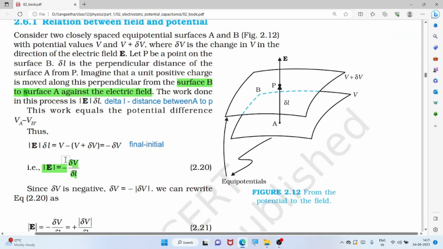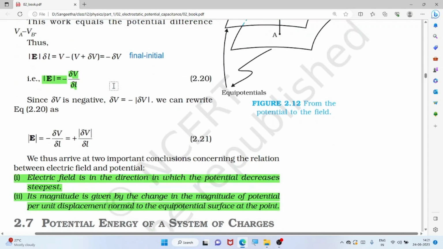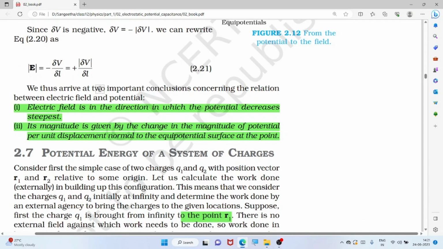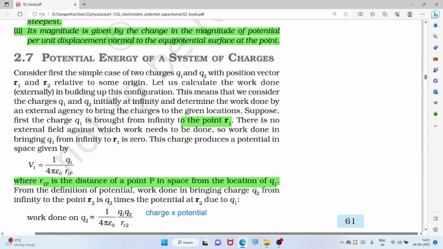Electric field and potential: the electric field is the negative differentiation of the potential, dV by dr. The electric field is in the direction in which potential decreases. The magnitude is given by the change in potential per unit displacement normal to the equipotential surface.